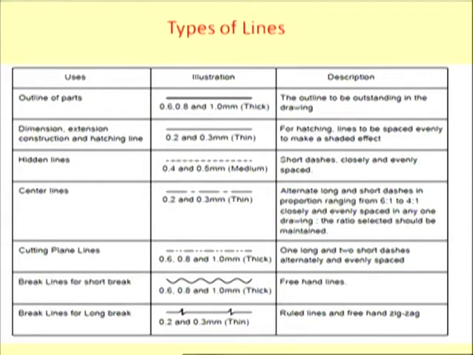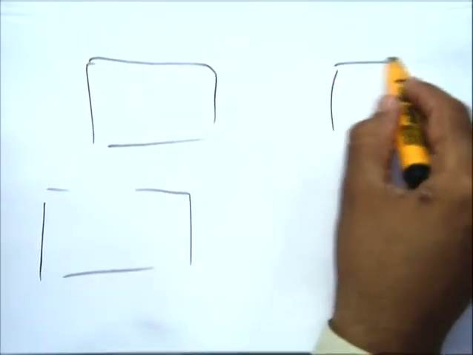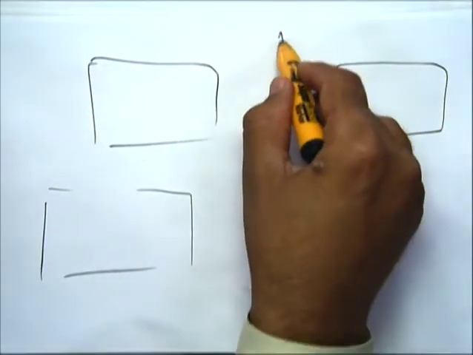Now, the different types of lines which we will be using in this drawing. There will be different diagrams in a single sheet. One diagram may be here, another diagram may be here. To separate these diagrams, we draw a line.